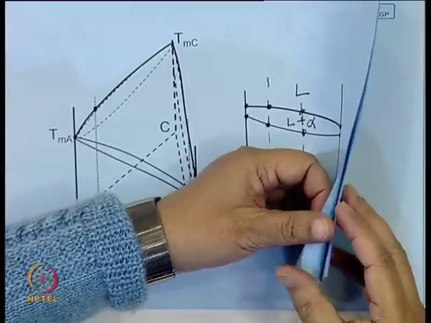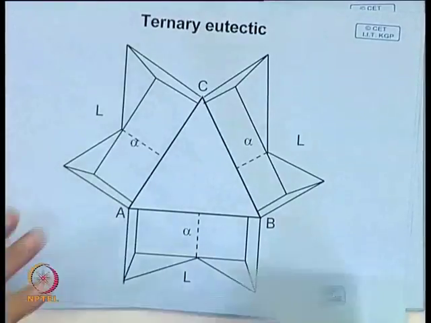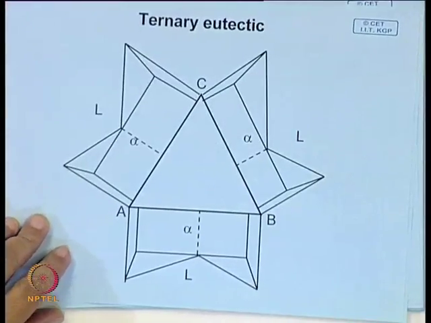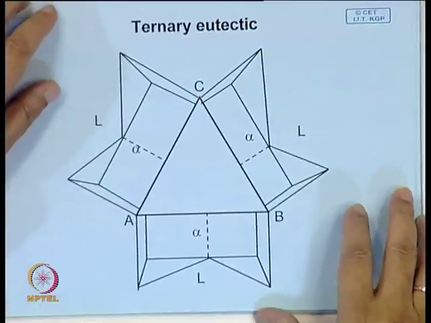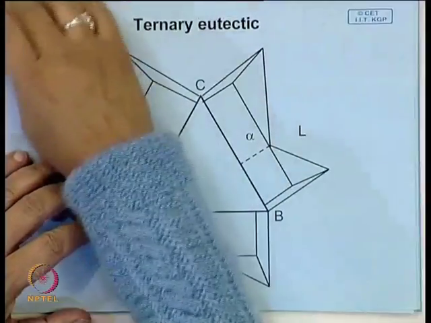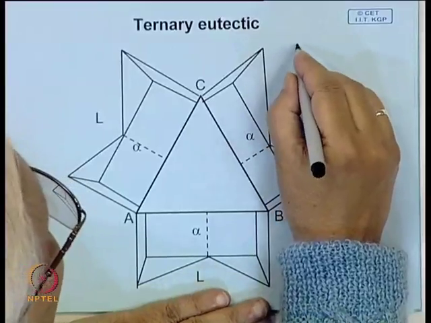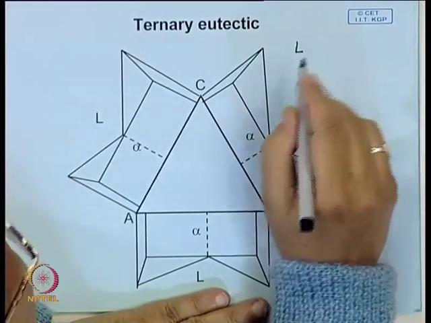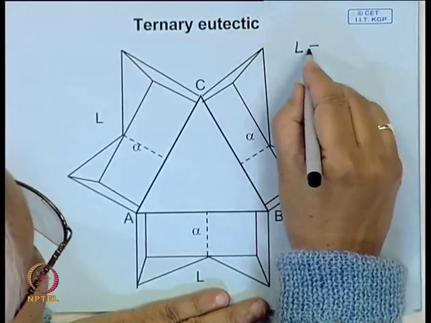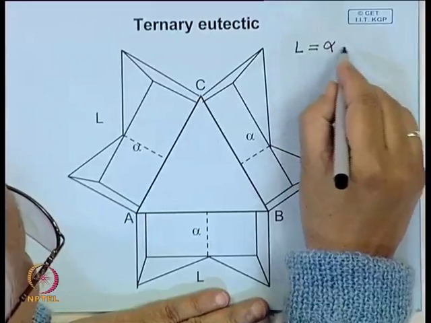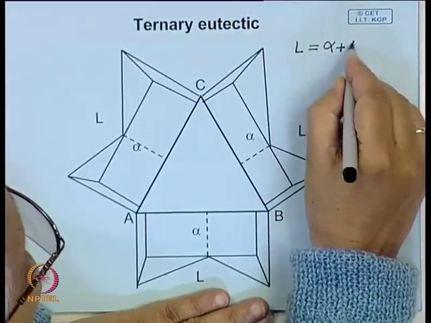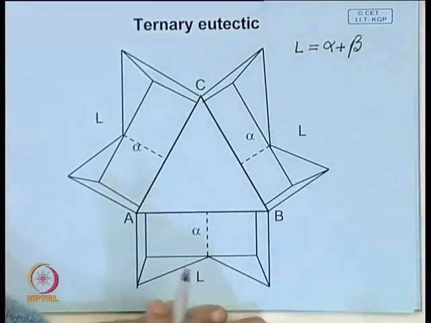Now, let us take up the case of a simple ternary eutectic. Now, see, in a binary eutectic, we have seen that a liquid breaks down into two solids, alpha and beta.